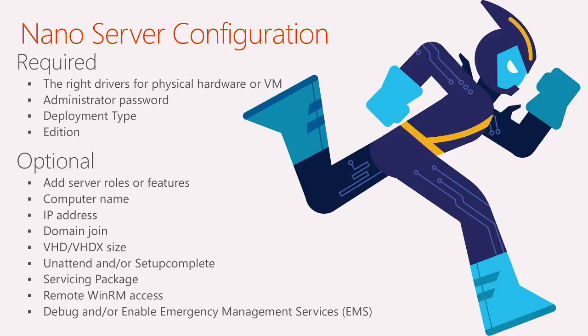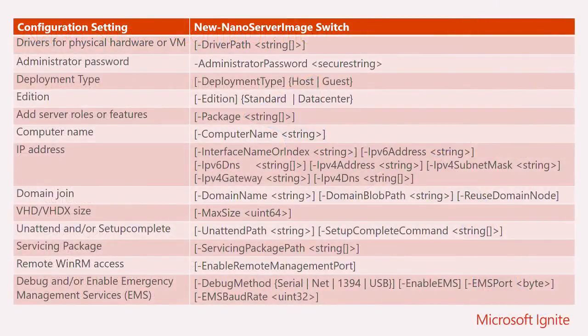You need to know whether you're deploying to physical hardware or a virtual machine, and you need to know what edition you're running. There's a bunch of optional things here, but we really encourage you to know as much about your installation as possible. I have a slide here with a bunch of information about what the PowerShell commandlet supports.